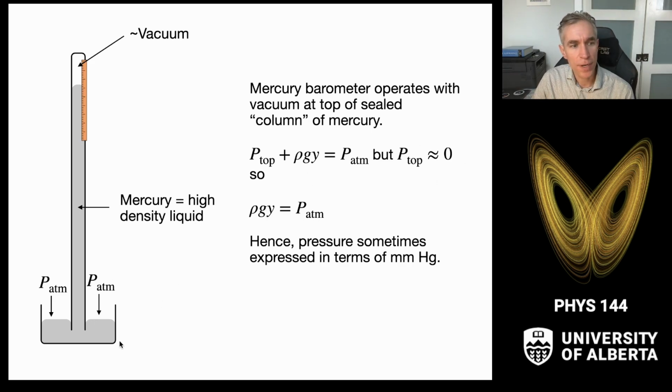And the atmospheric pressure is just the mass density of mercury times g times how far up this column the mercury travels. And so you'll often see in weather forecasts units of pressure expressed in millimeters of mercury. That's just referring to this kind of barometer. We have since moved on to far more metrically useful quantities, but that is a good example of how Pascal's law can be used.